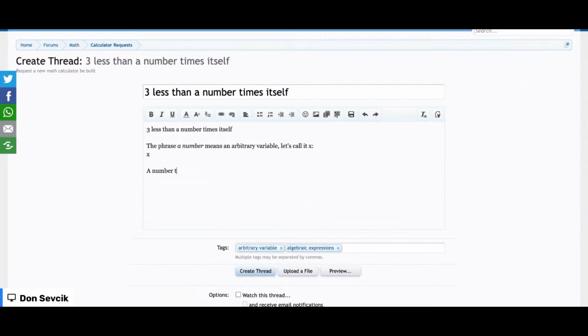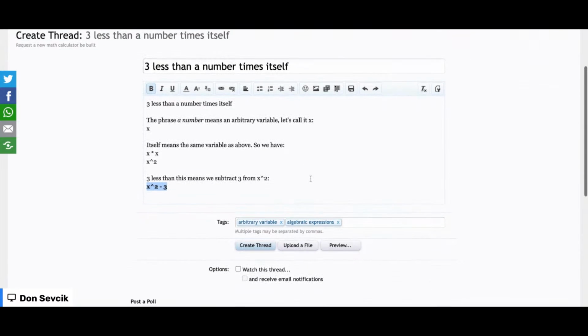A number times. Okay. So the itself means same variable as above. So we have x times x, x squared. 3 less than this means we subtract 3 from x squared, minus 3. So that is our final algebraic expression.